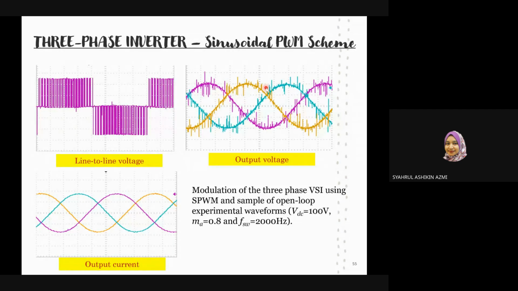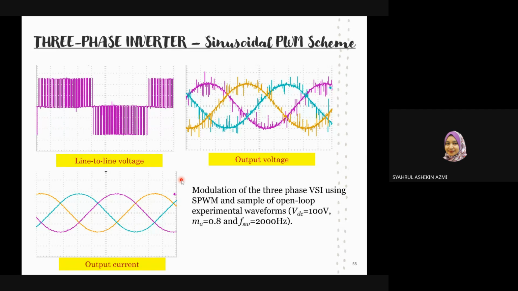Okay, and then this one here is from the inverter circuit. This is from the hardware where we observe the waveform in the oscilloscope. You can see this is the line-to-line output voltage, this is the phase voltage and also the phase current.